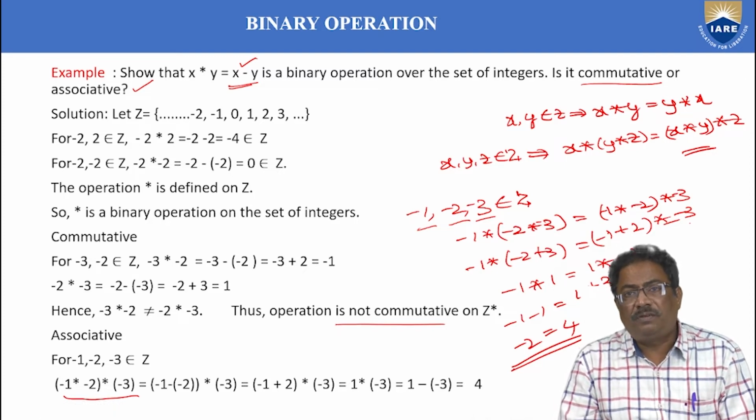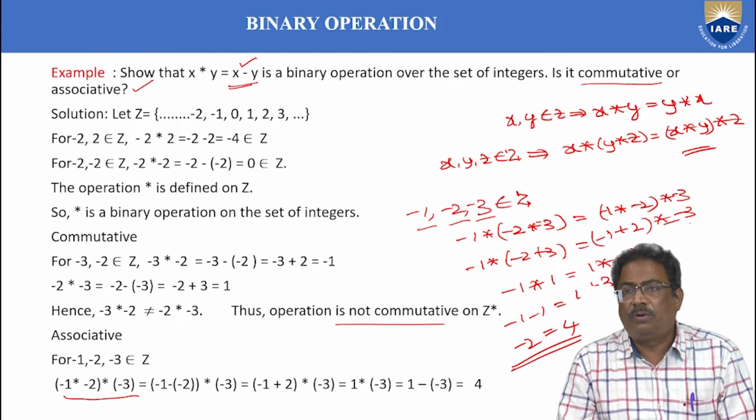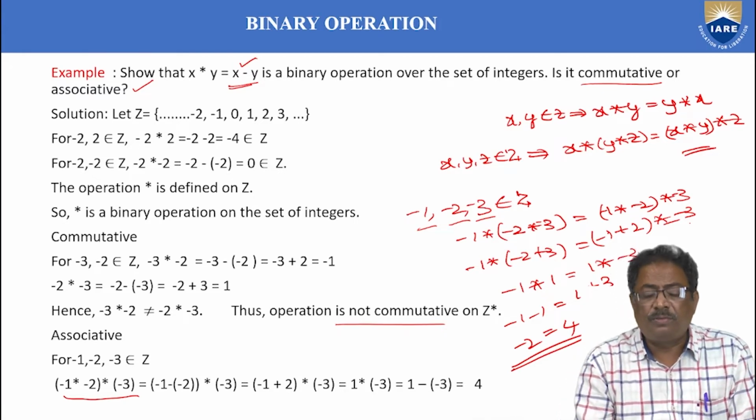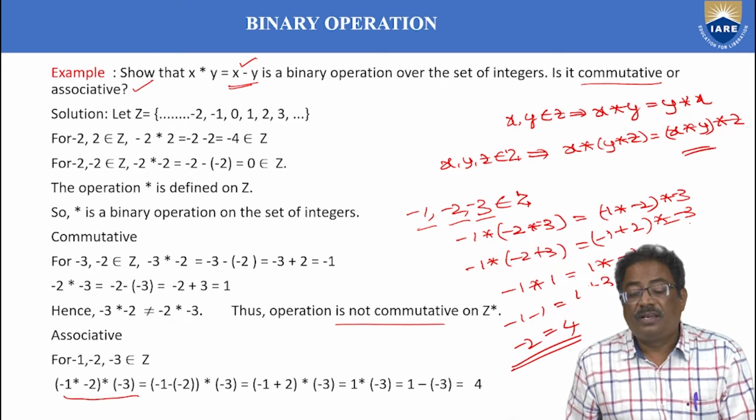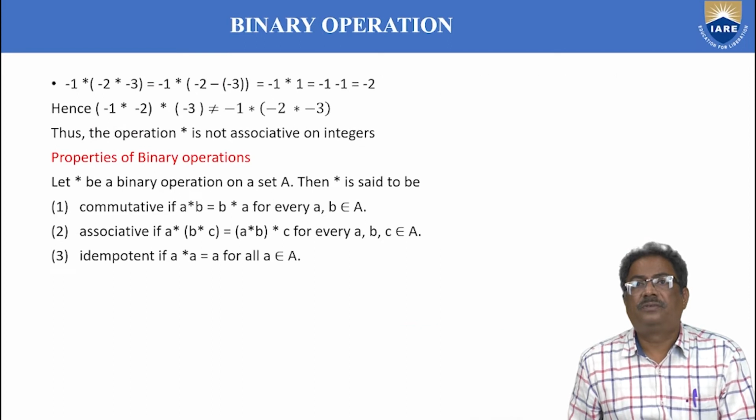So even though for some set of values associativeness holds, it does not hold for all. So this binary operation is not commutative as well as not associative.